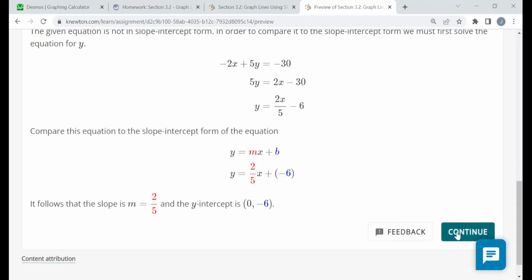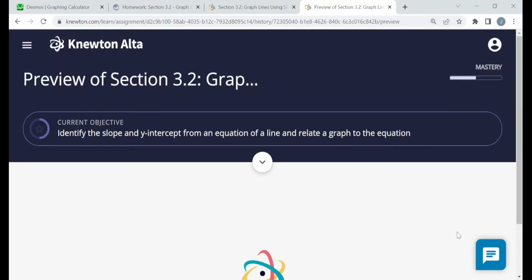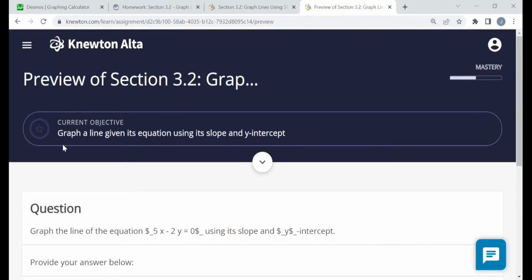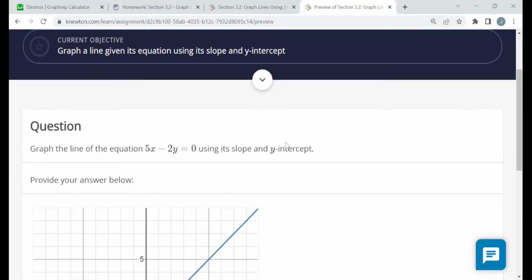Okay, moving on. Alright, now we're in the other objective that's left. We'll bounce back between these two, I think. It says graph a line given its equation using its slope and y-intercept. So this time, I'm going to do what I was doing in the previous two examples.